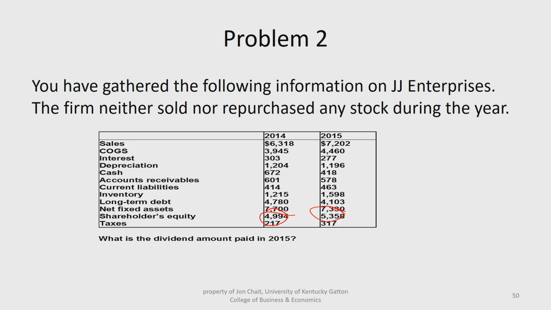So you're basically going to calculate net income minus the change in retained earnings, which gives you the amount of the dividend. So remember, retained earnings is equal to NI minus the dividend. In this case, we can calculate NI and we can calculate the change in retained earnings. So we just have to solve for the dividend.